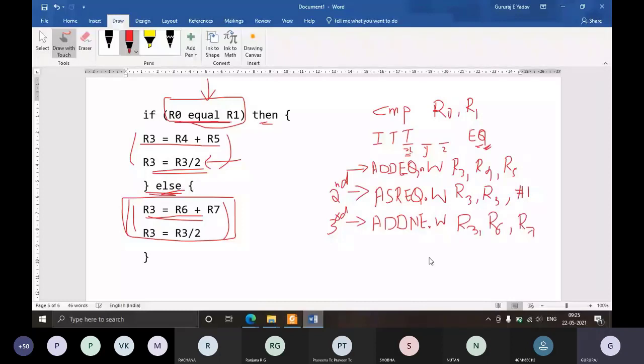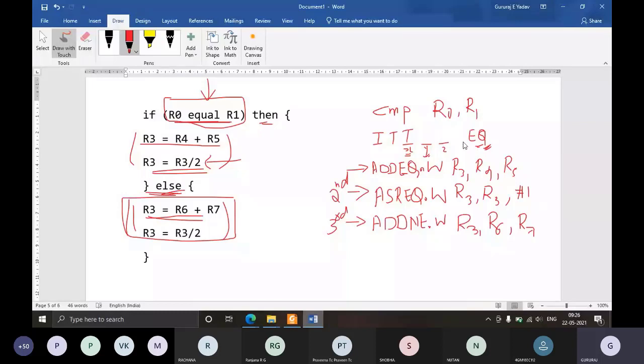When should this third statement execute? If the comparison result is not equal, that is if R0 is not equal to R1. So what is the condition that indicates the third statement execution? Y. So Y indicates when the third statement should be executed. In our case, it should be executed if this condition is not true, that is, R0 is not equal to R1.